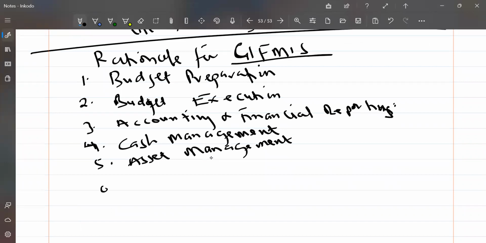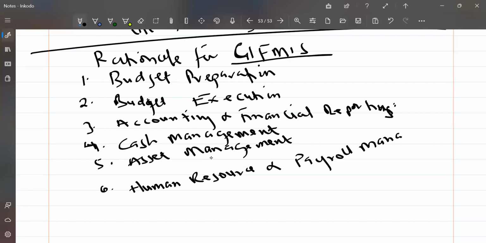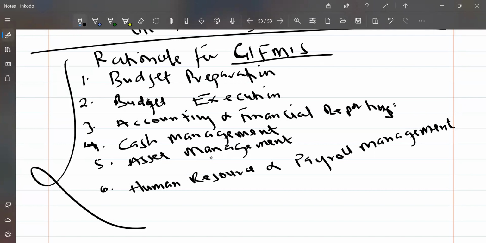Then the last one is human resource and payroll management. So the main reason this information system was introduced was based on these elements. Is that clear?